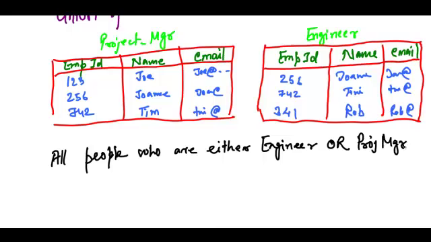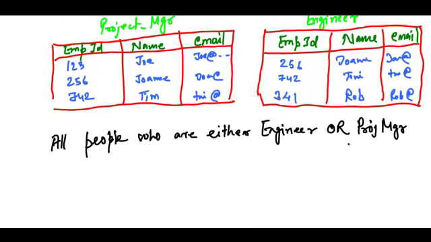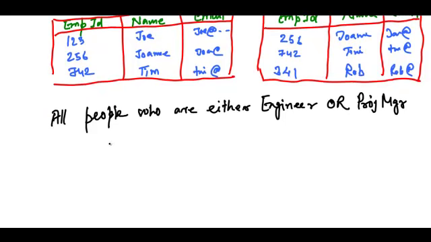So how would I do that? Just understand from this table, if I take the union of these values, I would get all the people who are either project managers or engineers.